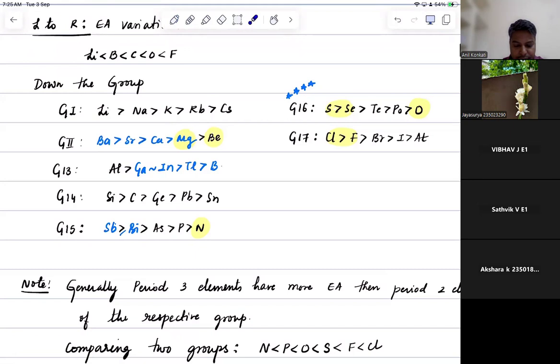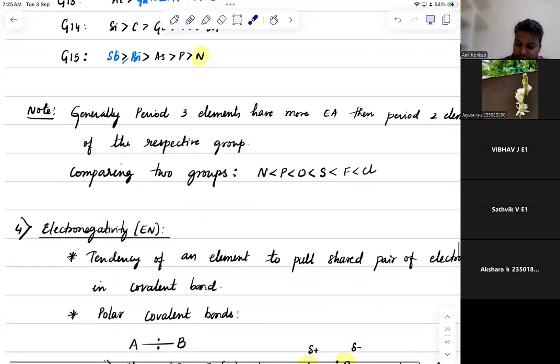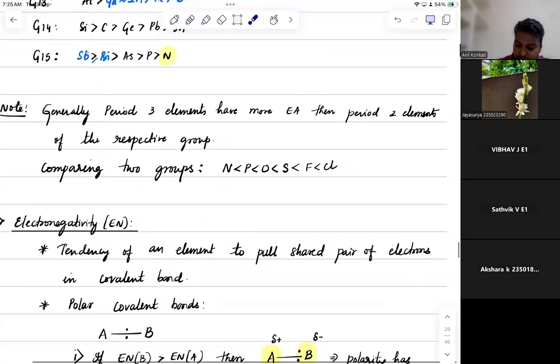Done, everybody? Right. See, generally, period 3 elements have more electron affinity than period 2 elements of the respective group. So, if you notice nitrogen, phosphorus, oxygen, sulfur, fluorine, and chlorine, this is the way in which you have to check out the electron affinity cases.